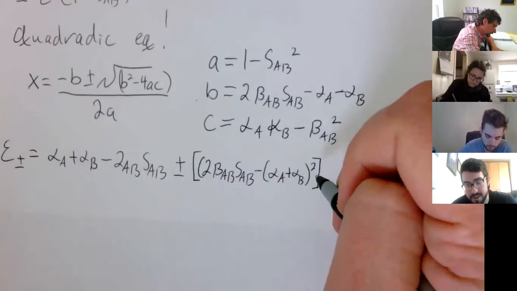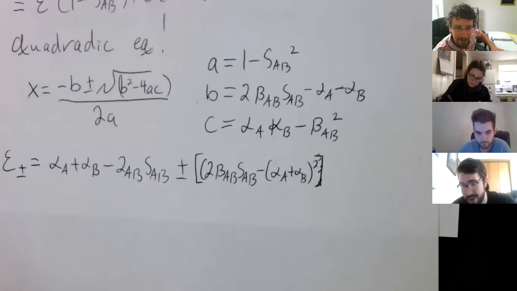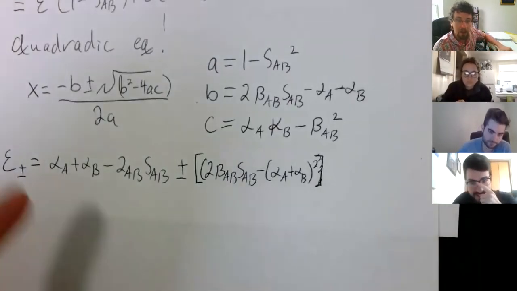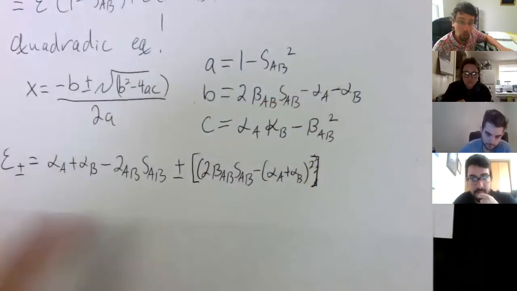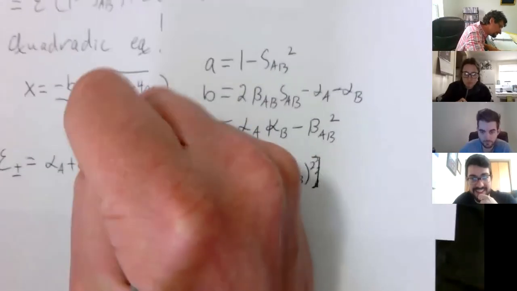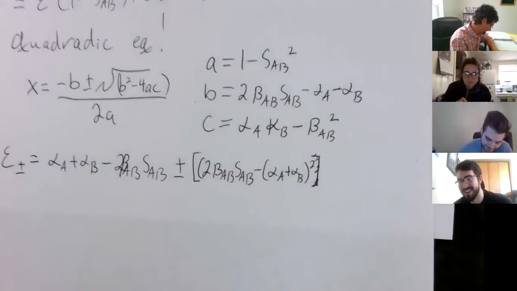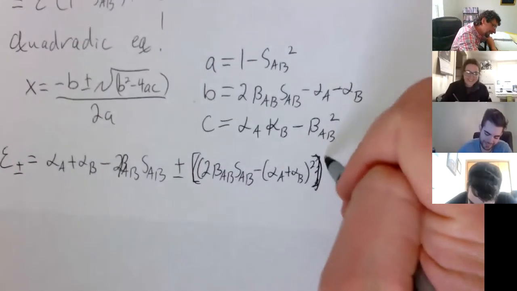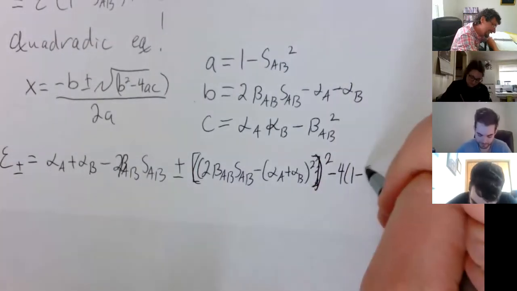How can it have an A and B? It says alpha_A plus alpha_B minus 2 beta_AB. Remember, negative b, so we're taking the negative of this. Oh, 2 beta_AB, sorry. Now we're better.